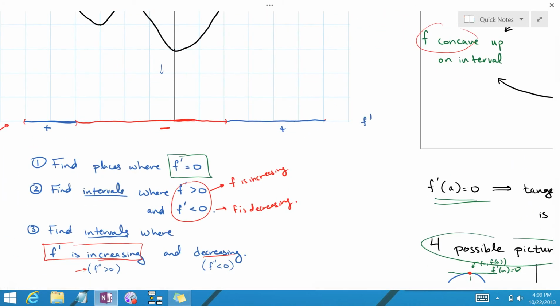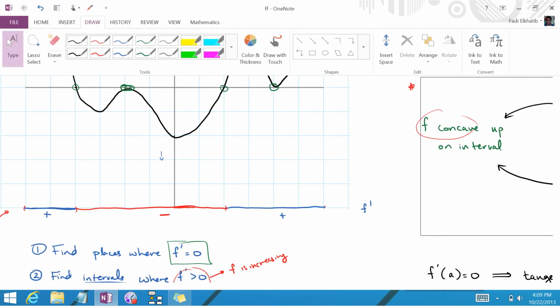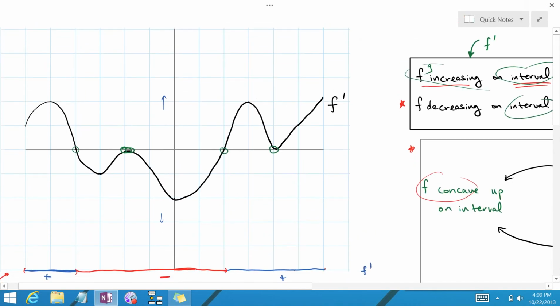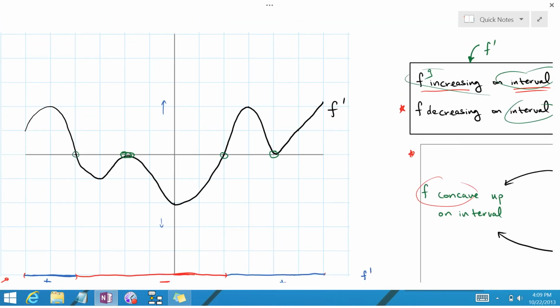Alright, so where is f prime increasing and decreasing? Let's pick two different colors, sorry. Let's say gray and green. Okay, and since I did this one on the bottom, the f prime, let's do f double prime on top.